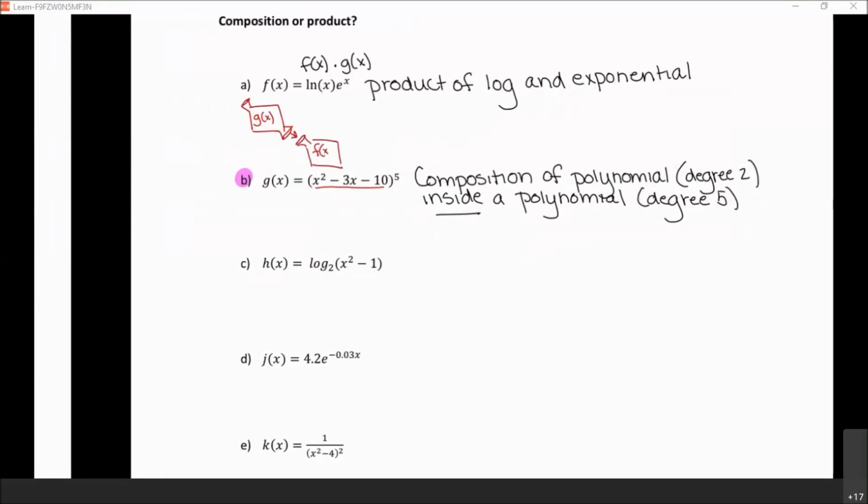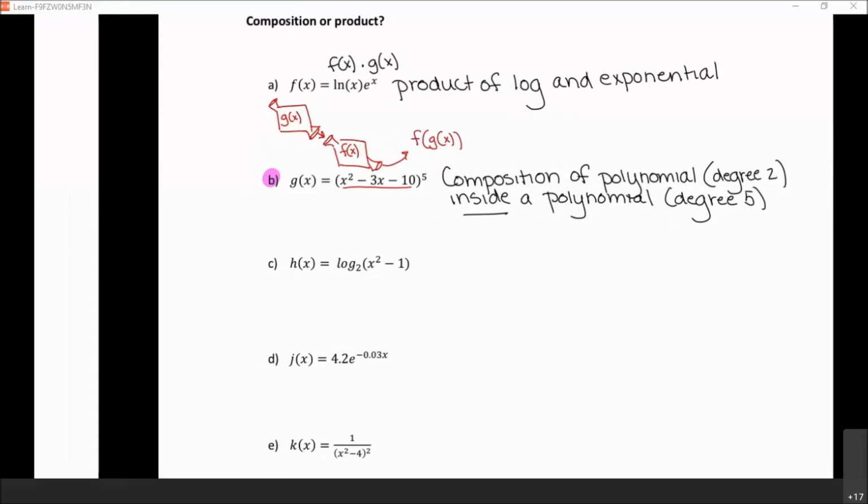It gives its output to f of x, which then has the output here. So you throw an x in like that. f of g of x. So that's a picture that shows you what's happening with the composition. The inner function gets it first, it gives the output of g to the outer function, which then gives you your final output.